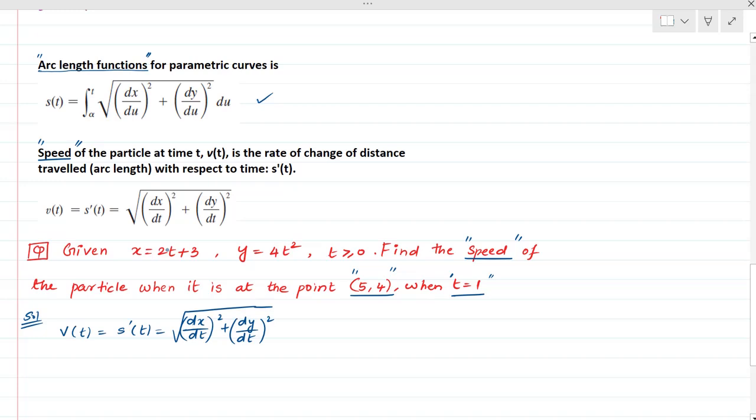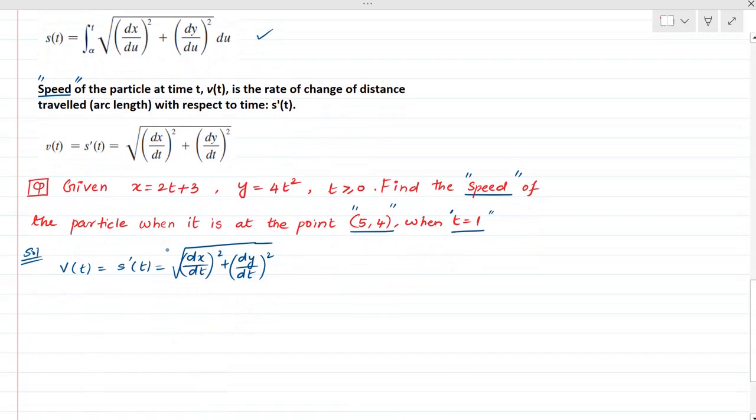Then I have to find the derivative of the parametric function. What is the parametric function here? x is equal to 2t plus 3, y is equal to 4t square. Therefore dx over dt is equal to 2 and dy over dt is equal to 8t.